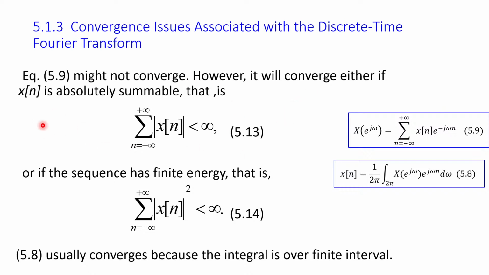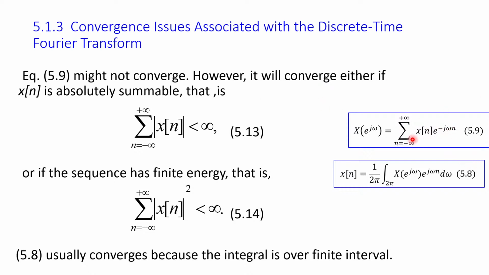So this is similar to the Dirichlet condition. The Dirichlet condition also has absolutely summable, but we also have conditions on discontinuities: don't have too many discontinuities, and don't have too many maxima and minima.